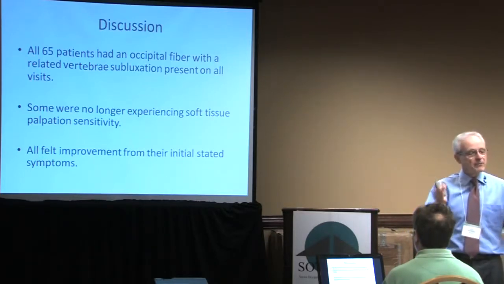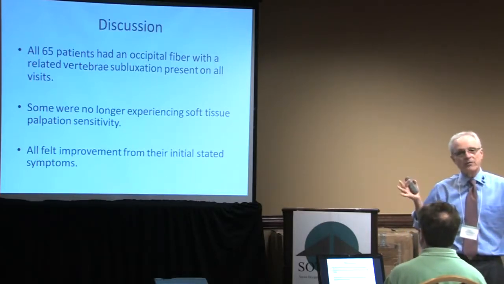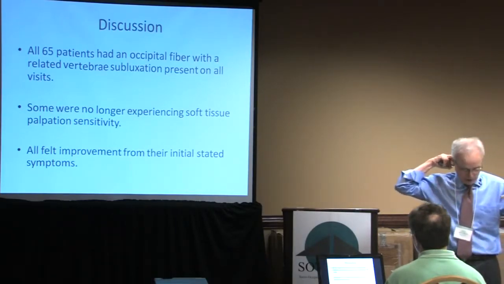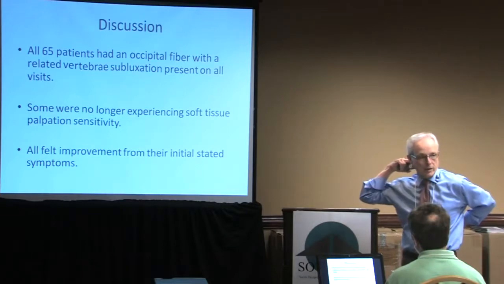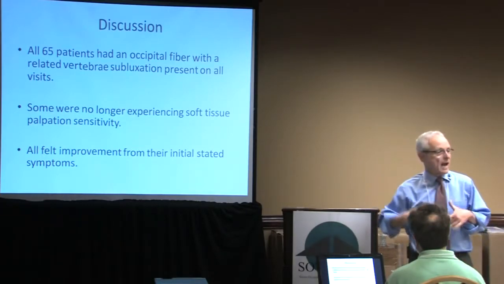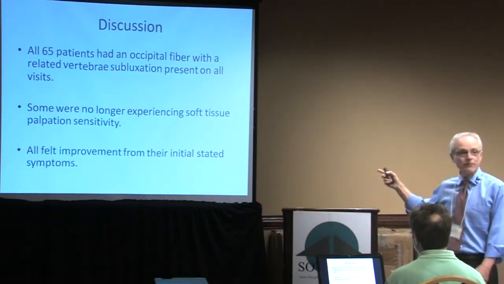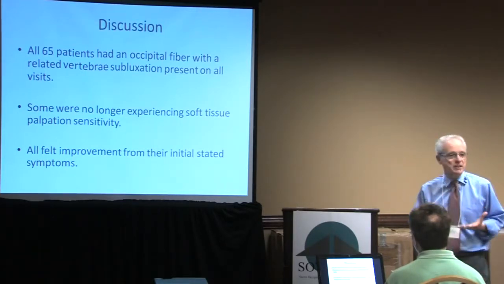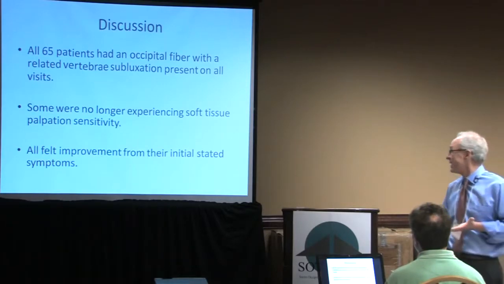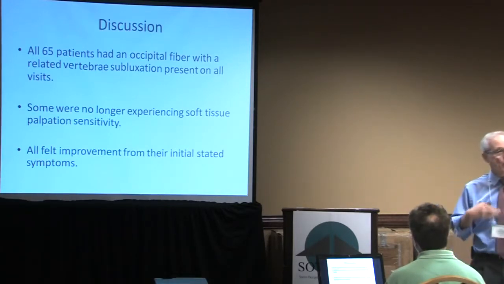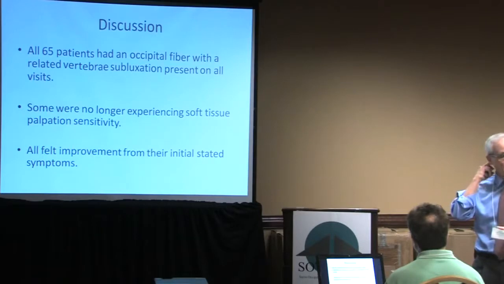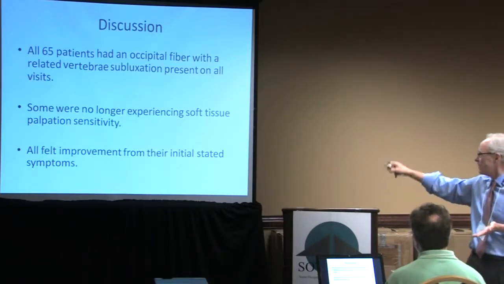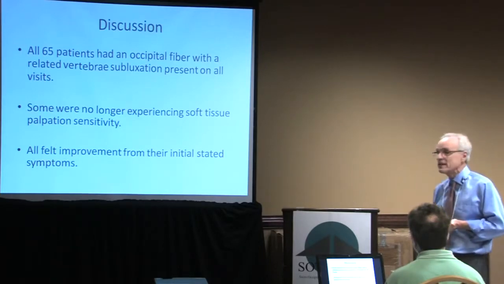Of the 3 main findings in the network of occipital fibers technique, occipital fiber, related vertebral subluxation, and soft tissue, the soft tissue, in my opinion, is the first to really experience changes. The sensitivity will become diminished as you go along. The occipital fiber will stay there, the subluxation will stay there, soft tissue becomes less sensitive.